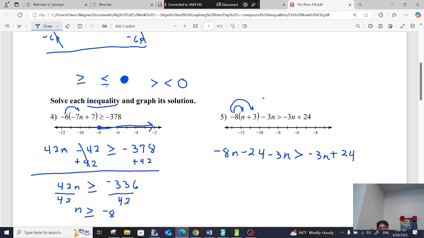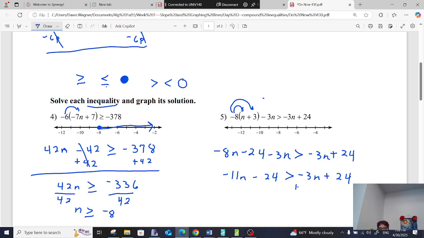And on this side, I'm going to combine my like terms. Negative 11n minus 24 greater than negative 3n plus 24.